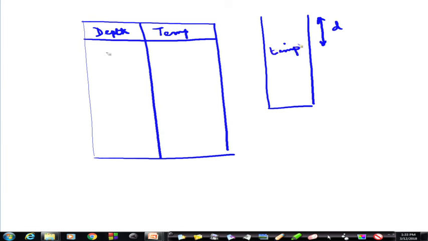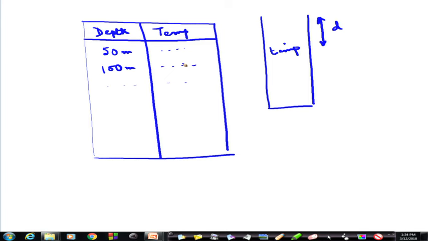So, that I can represent in the form of whatever is the depth, 50 meters some temperature, 100 meters some temperature, etc. So, if we need to represent any data in this form, we know how to do it.